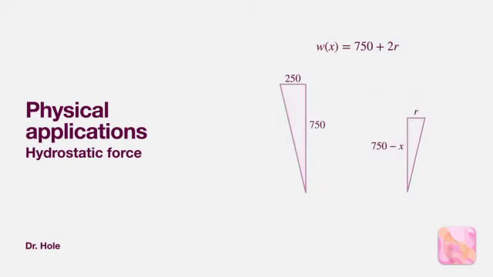Good. So here are the similar triangles, and we're interested in an expression of r in terms of x. Using similar triangles, we come up with r as (250 minus x) over 3. Good.